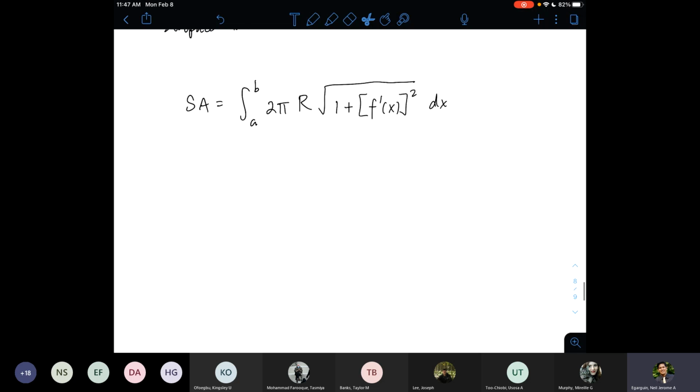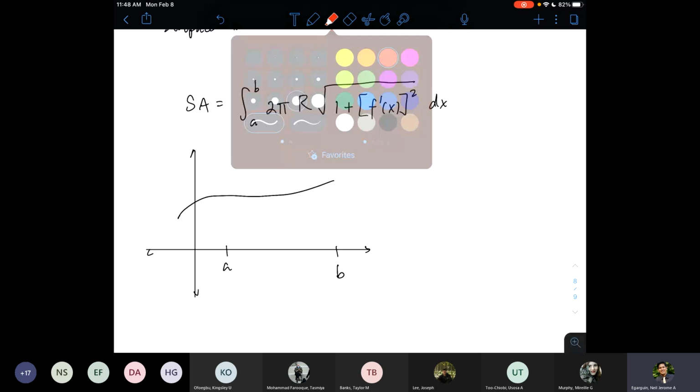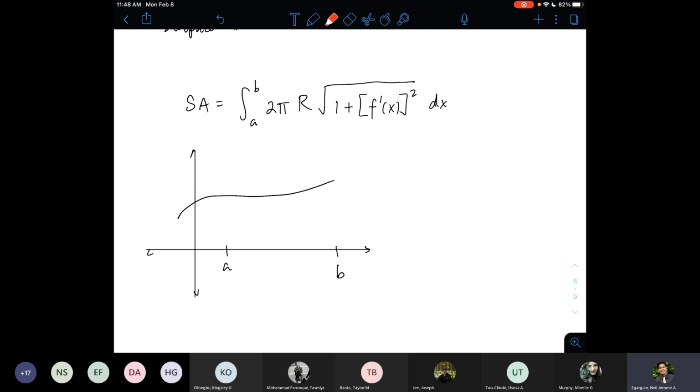Let's probably draw a picture to see how this works. Suppose we have a region over here. This is a, this is b. So, sorry, not a region, but just an arc.